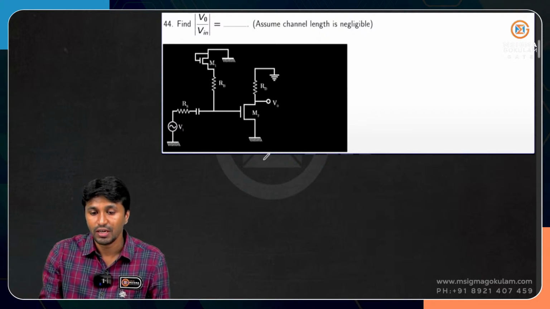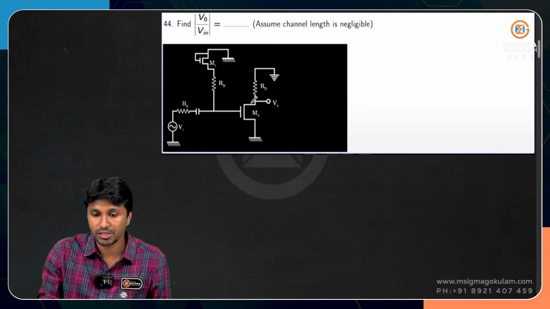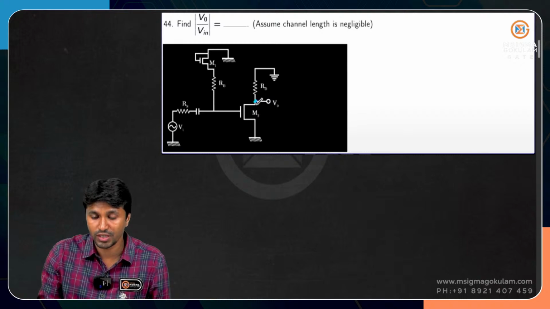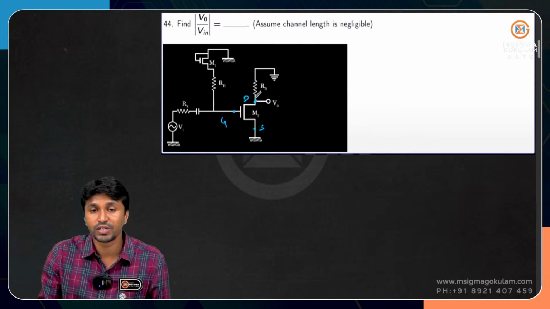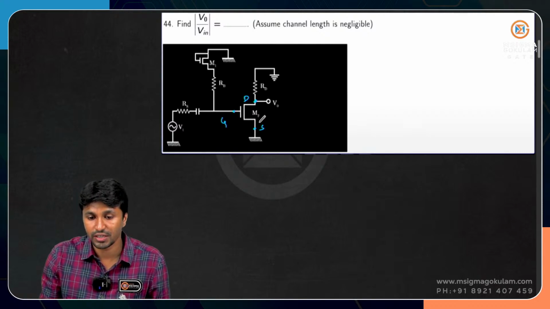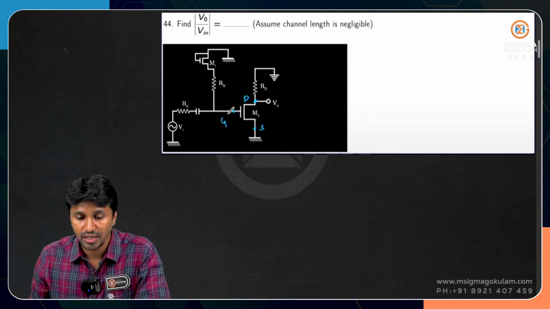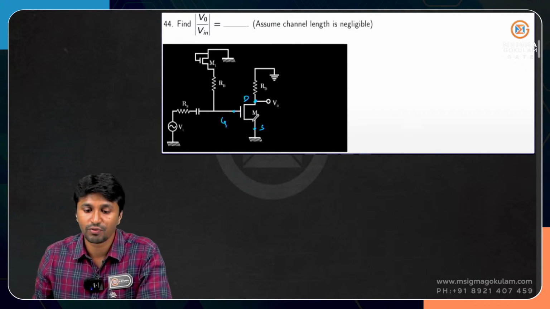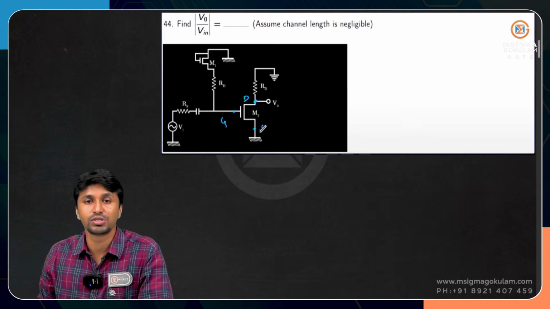Look at this one. Output is taken from this particular node, right? Which node is this? This is gate, this is source, and this is drain. So output is taken from the drain. Look at the second MOSFET: input is applied to the gate terminal and the source is grounded, so essentially this is a common source configuration.